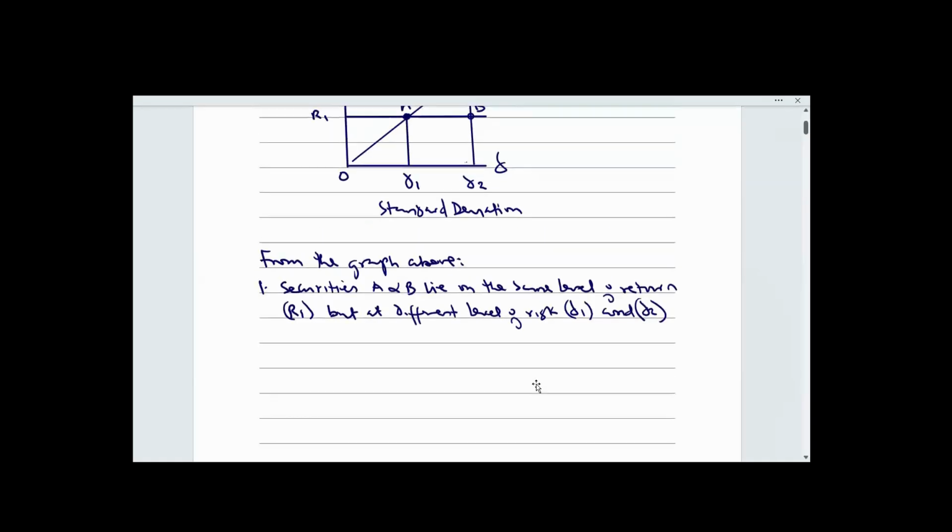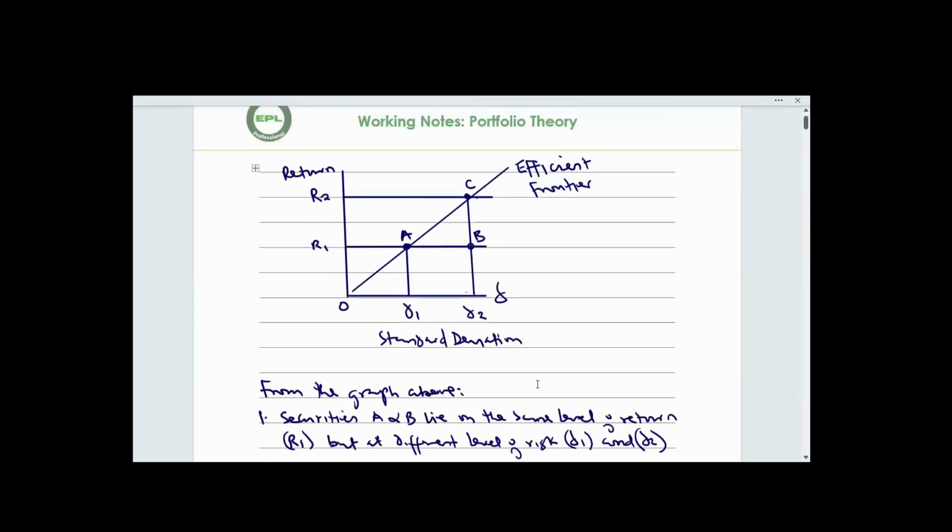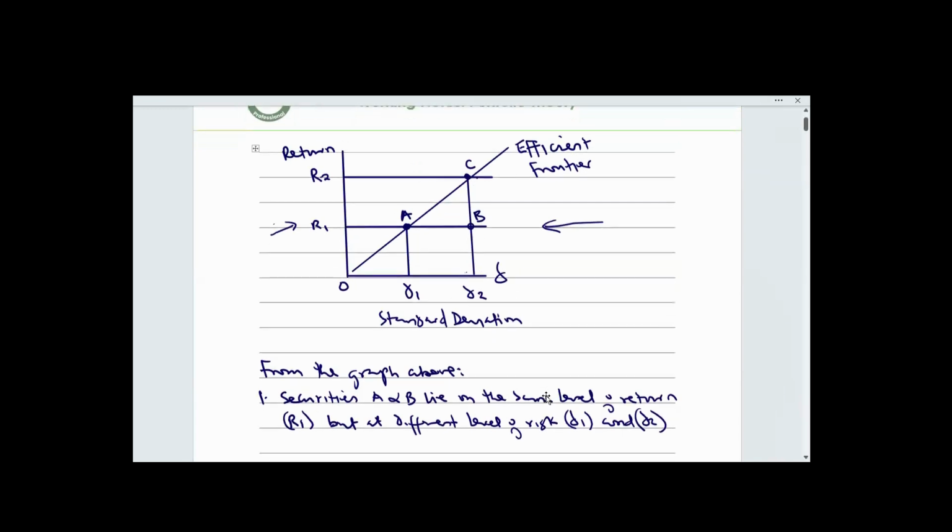So this is what I'm trying to say. When you look at this line for security A and B, the two of them are on the same level of return R1, but the risk associated with A and B are different. A has risk level D1, whereas B has risk level D2.